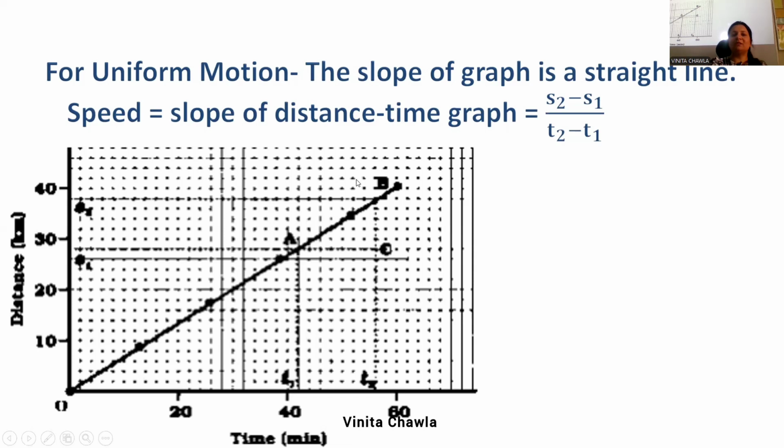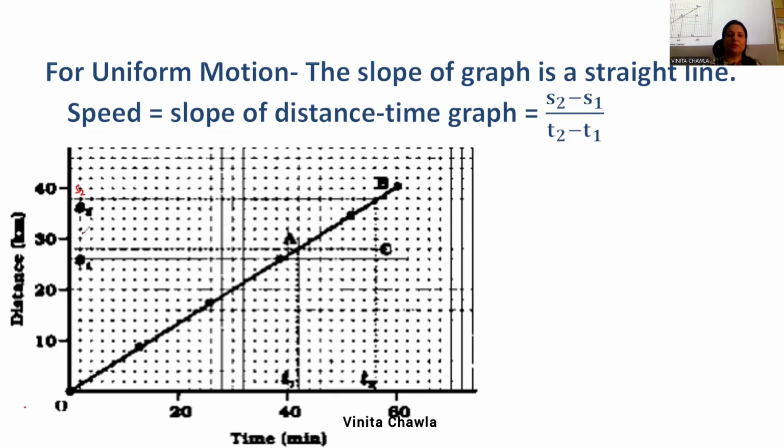The slope of this distance time graph gives the speed. Slope of distance time graph gives the speed. And how do we find slope? So we have chosen, you can see 2 points here, S1, S2, and T1, T2. Are these points visible? No. So this is your S2. Okay.